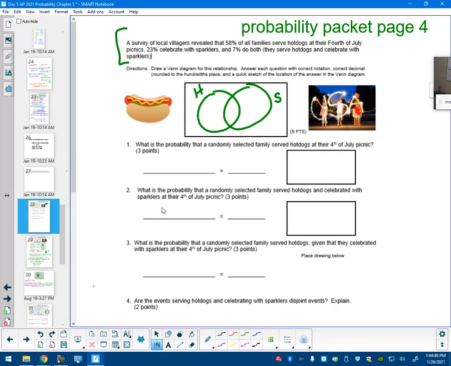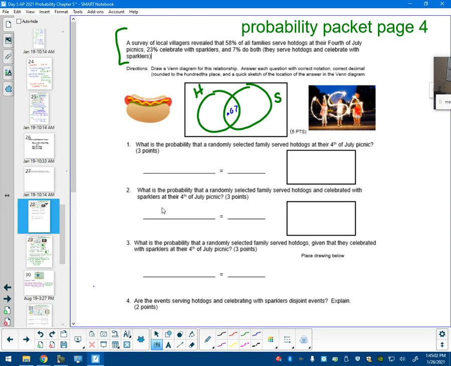Where should the first number go? I don't know. In the middle. In the middle. So Nick, what's the number for the middle? 7%. Yes, I'm going to put 0.07. If you don't like working with decimals, you can make that just a 7, but then you have to make sure you change all your answers into decimals and stuff like that.